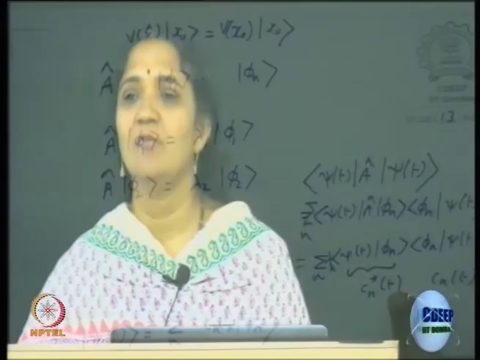So most of the time we should make the calculation simpler, which means you can always go to one particular basis. Which basis depends on what computation you are going to do. Suppose I had a Hamiltonian where the potential energy was only dependent on momentum, then what will you do?